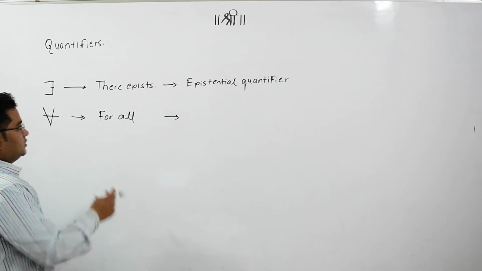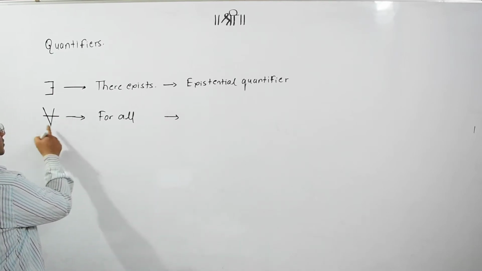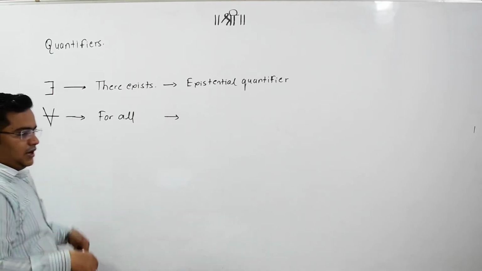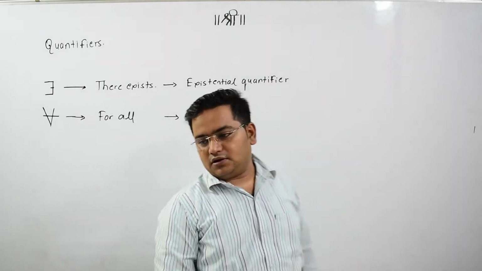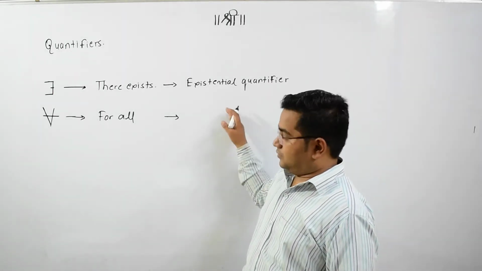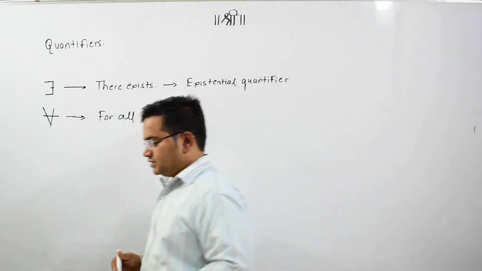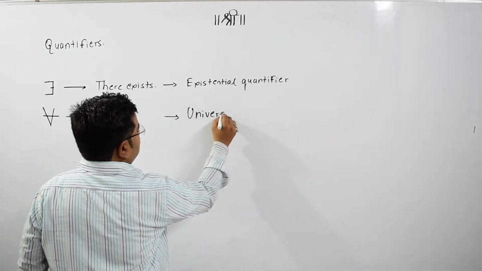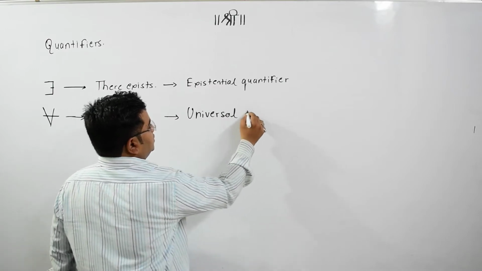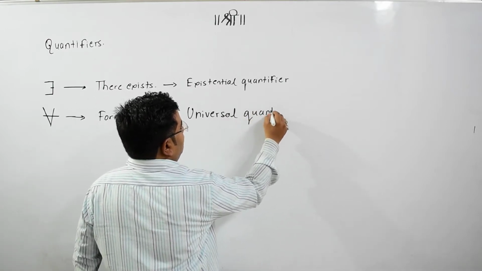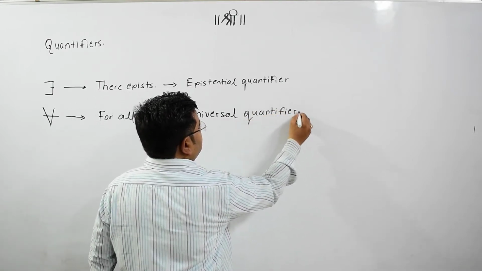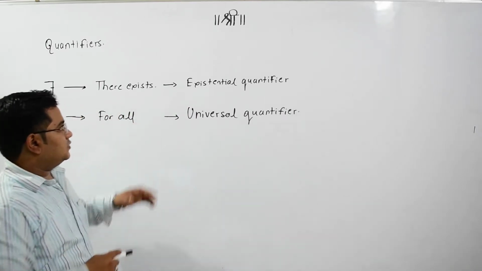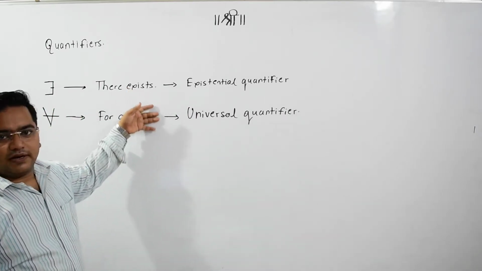For for all we use this symbol, the upside-down A. What is the name of this quantifier? This is the universal quantifier. Hope these two quantifiers are quite explained to you.